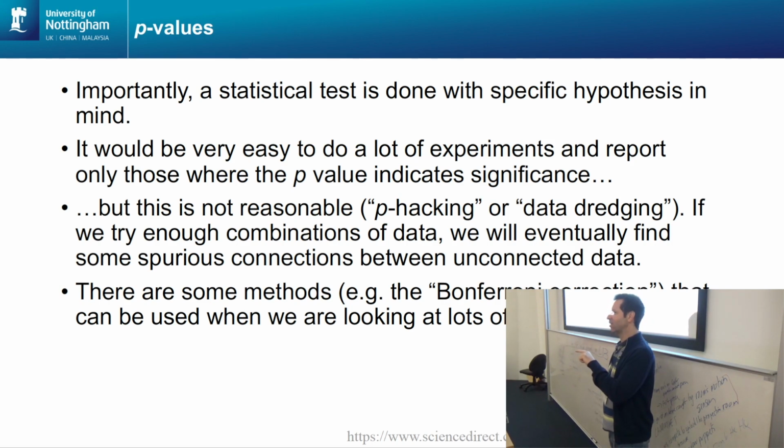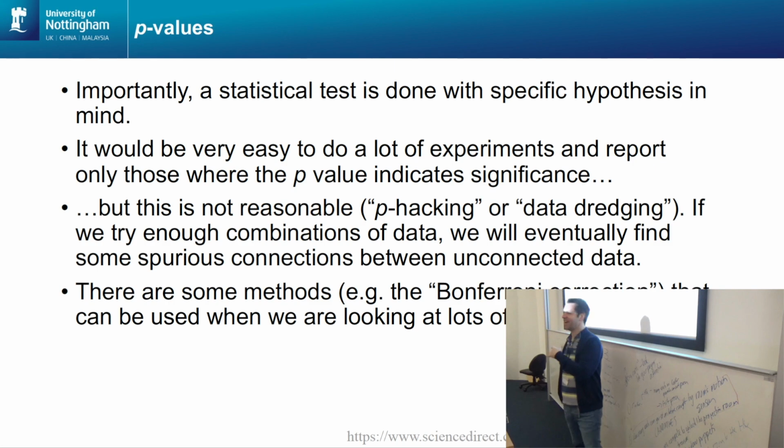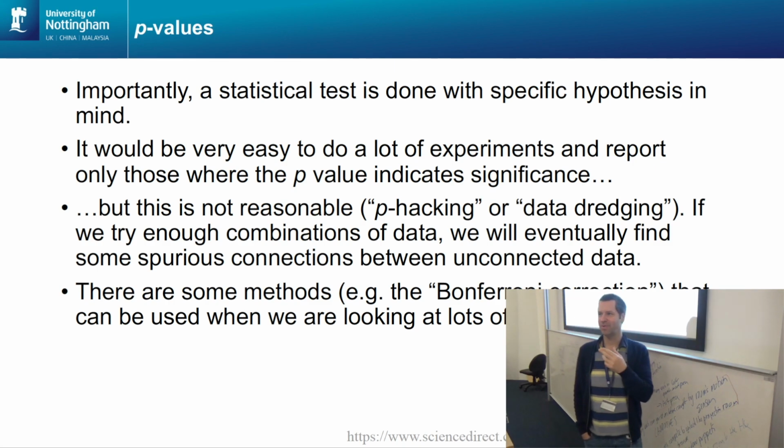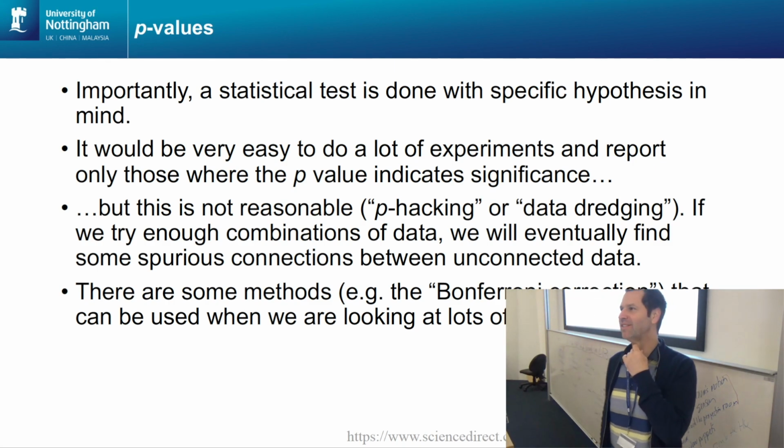We conduct an experiment 999 times and we fail, and then on the 1,000th time we succeed, and we only report the one success and we leave out the other 999 failures. This is a common phenomenon.